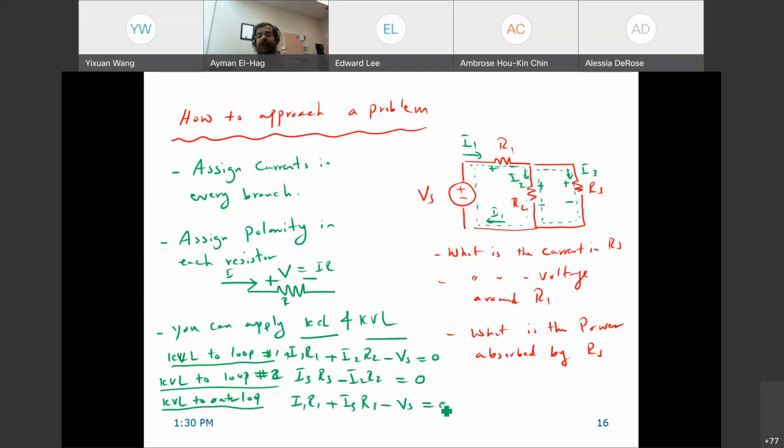So now I have 3 equations. Why are you telling us that we have to have KCL and KVL? With only KVL, I generated 3 equations.